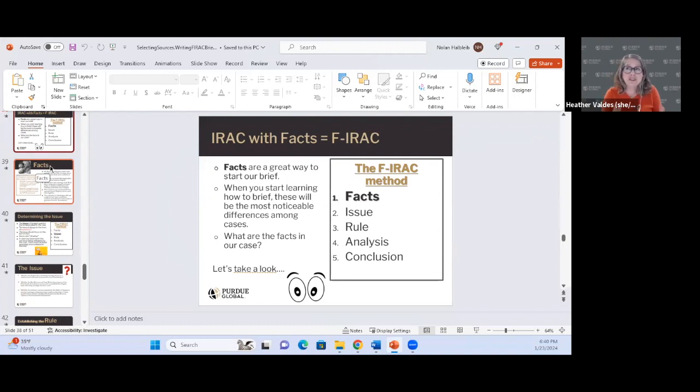And in most instances, we fall back on the facts when we are discussing cases and trying to distinguish one from another. So the IRAC method quickly evolved into the FERAC method. We started adding a facts section in the front. So let's go through the FERAC method of briefing the case. We'll start with our facts slide.